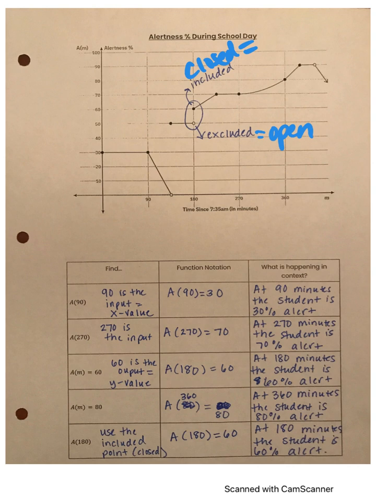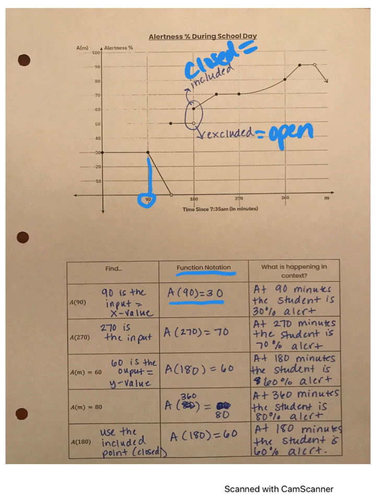So we're going to go to the x-axis and find 90. And we'll follow it up to the graph and see what the y value actually is. The y value there is 30. So going back to Unit 1 at the beginning of the school year, we're going to write our final answer in function notation. So A of 90 is equal to 30. What does that actually mean in the context of this piecewise function? Well, at 90 minutes, the student is 30% alert.